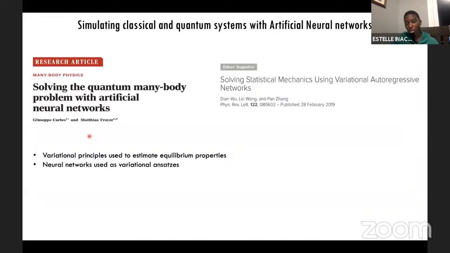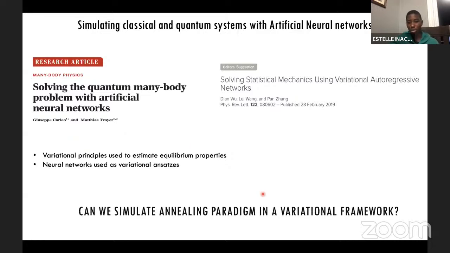These methods were based on variational principles that estimate the equilibrium properties, and neural networks were used as variational ansatz. So the idea is to repurpose these methods. We asked ourselves whether we could repurpose them to emulate the annealing paradigm in the variational framework, both classical and quantum annealing.